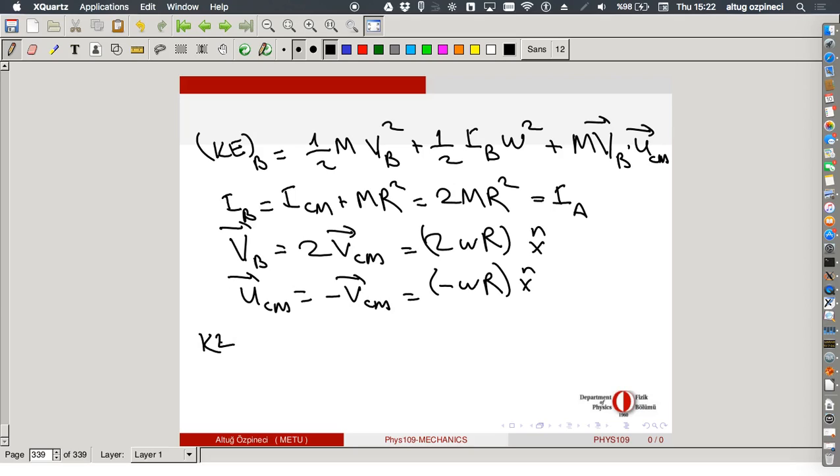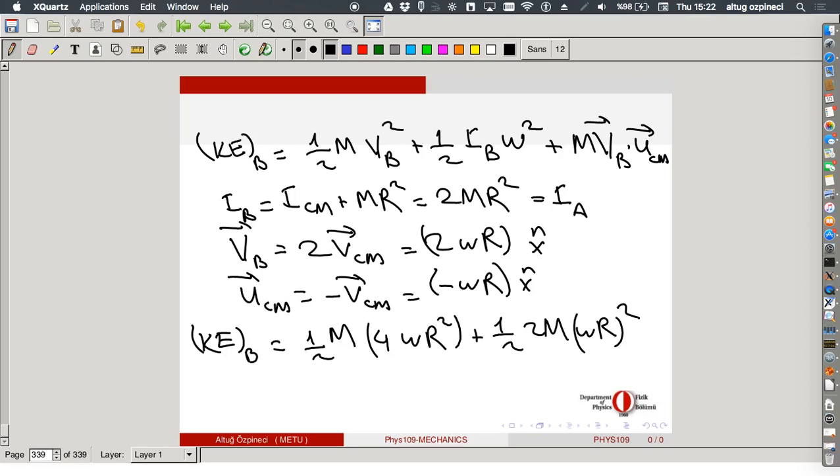So let's write down the kinetic energy. Kinetic energy of the object calculated describing the motion as if it is rotating around the axis passing through B is equal to 1 over 2 m, v_B squared is 4 omega squared r squared, plus 1 over 2 I_B, which is twice m r squared times omega squared, minus m times the scalar product of these two vectors, which will be minus 2 omega squared r squared.